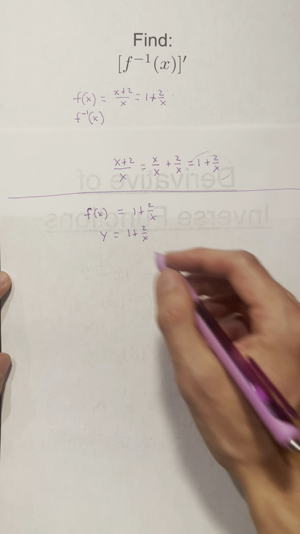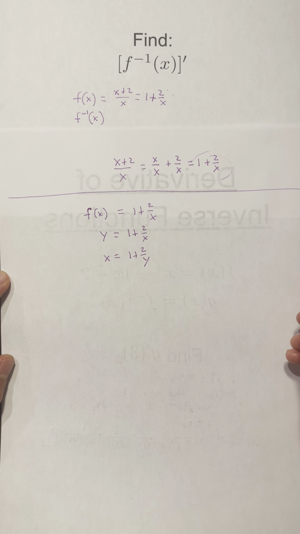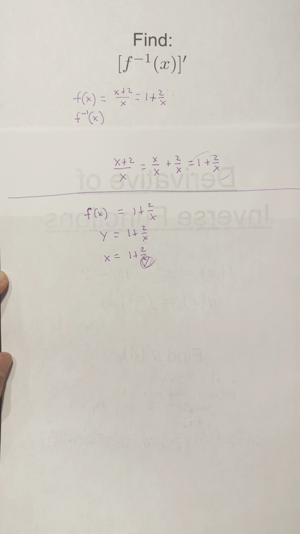I need to swap them. Okay. And then, what do I need to do? I need to get y by itself. But before I can get y by itself, what do I need to get by itself? This.